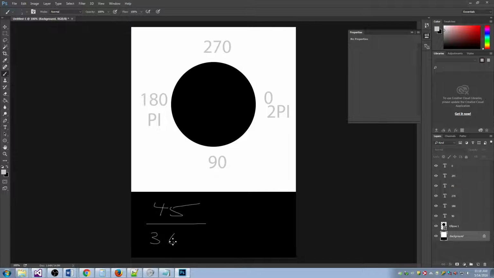That's 45 degrees out of 360. That's what I currently know. That is equivalent to some number over 2 pi. Who knows what this is? 0.25 pi. Why is it 2 pi? Well, there's 45 degrees out of 360, and there's some number out of 2 pi. I'm saying it's 0.25 pi. Yeah, that's what the answer is.